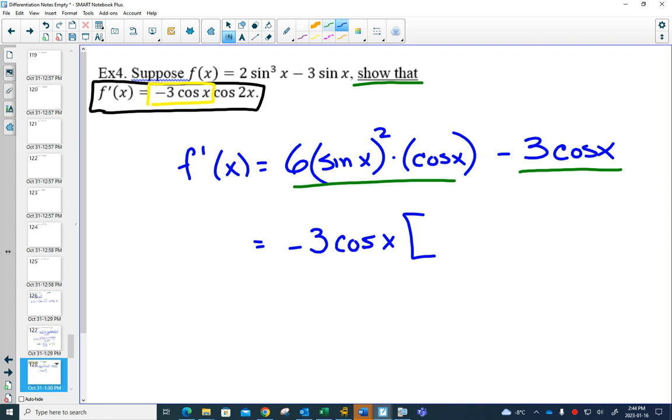And then see what's left. If I take out a negative 3 and a cosec's in the first term, I would have a negative 2 and a sine squared x. And in the second one, it would now be plus 1.